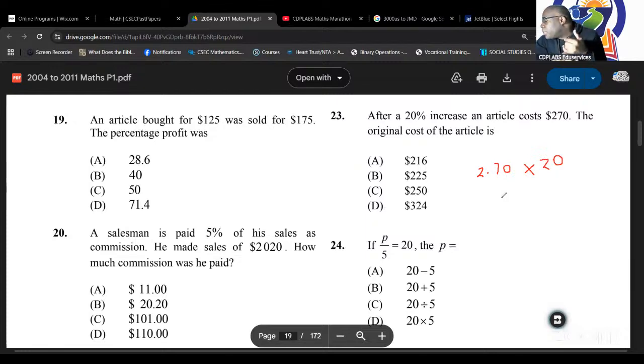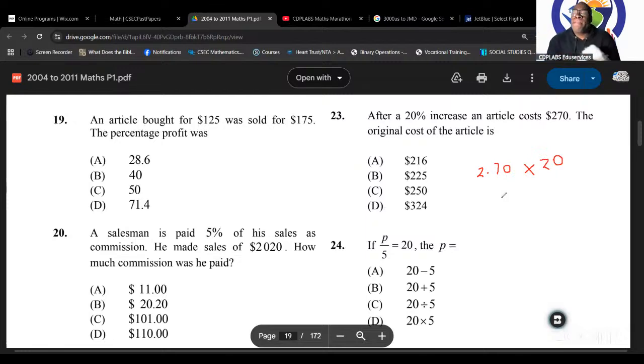To find 1% of anything, you simply divide by 100, because when you divide by 100, you find one part out of 100, which is therefore 1%. So 1% of 270 is 2.7. Just move the decimal point back when you're dividing. When you're multiplying, you move it in the other direction.